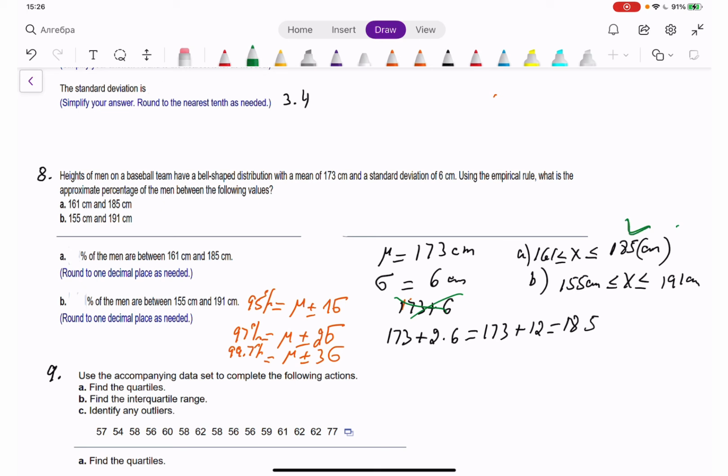Now let's check the other side: 173 minus 12, right? 2 times 6, 2 standard deviations. 173 minus 12 is going to be 161. There we go, it fits. So it is going to be 97%.